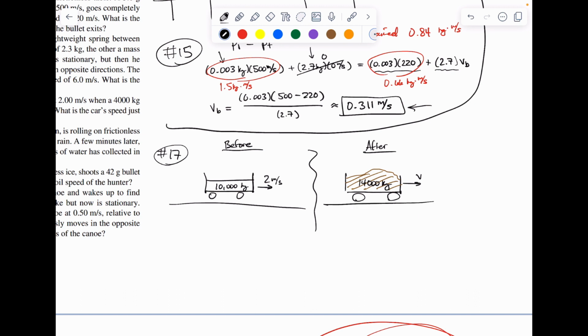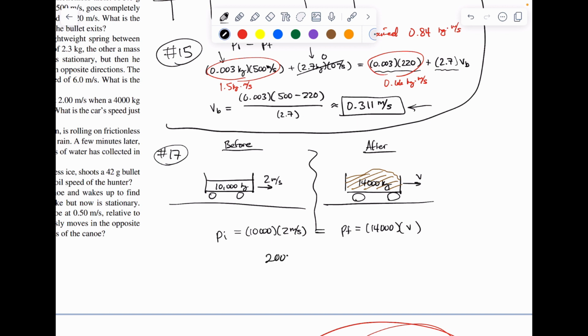Conservation of momentum, right? So the initial momentum equals 10,000 times 2 meters per second. And the final momentum is 14,000 times v. So those should be equal, right?